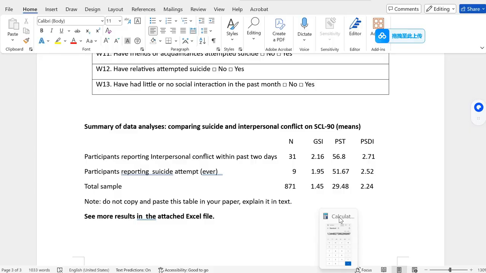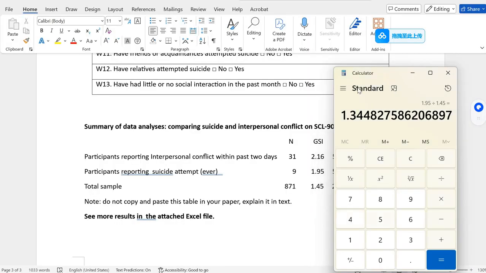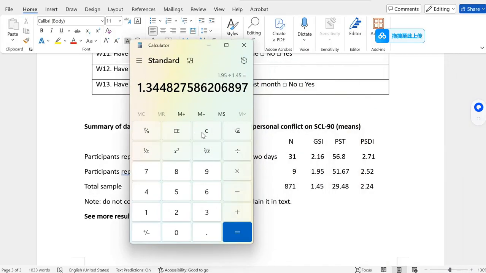So, where's my calculator? Positive symptom total for interpersonal conflict, it's 56.8 divided by 29.48. That's almost 2 times, 1.93 times as high.